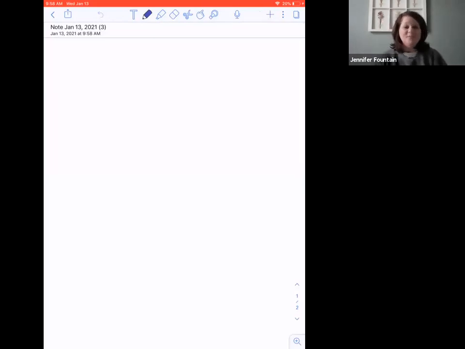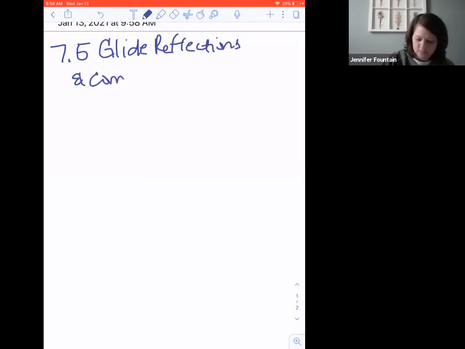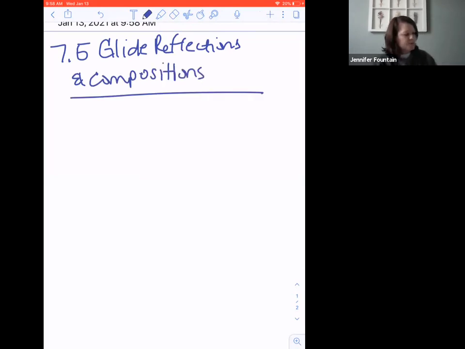All right, so 7.5, here we go. We're gonna make our own notes. And this is glide reflections and compositions. Okay, so it says a translation or glide and a reflection can be performed one after the other to produce a transformation known as a glide reflection.